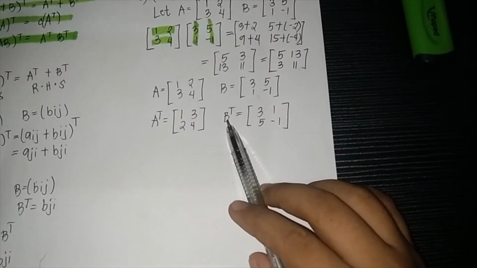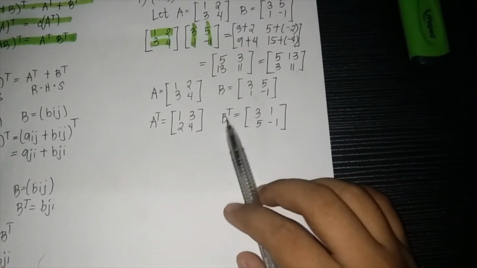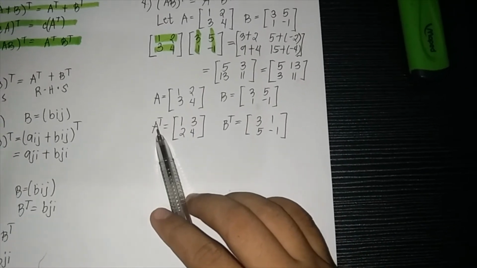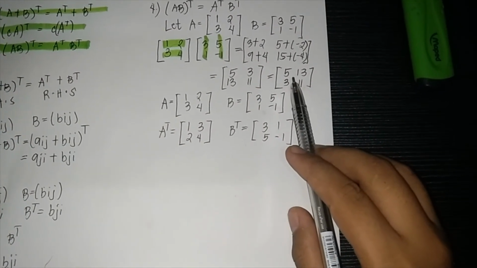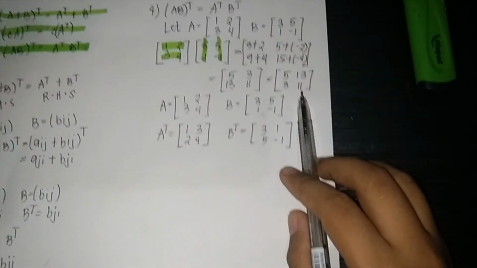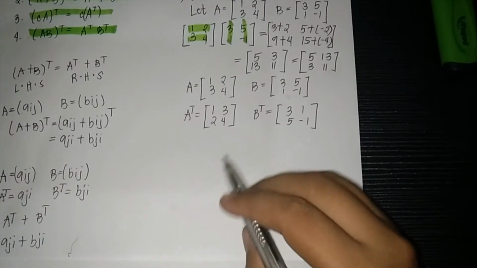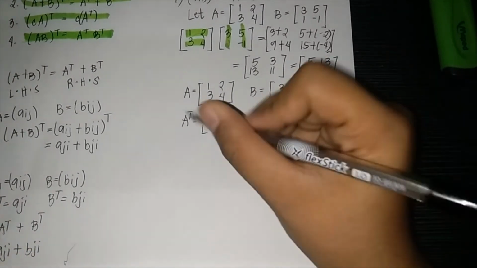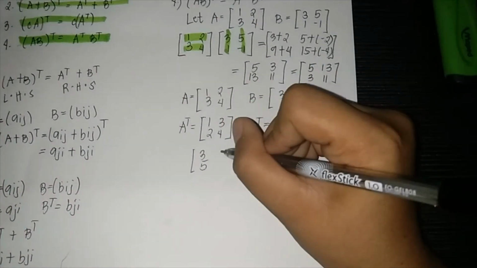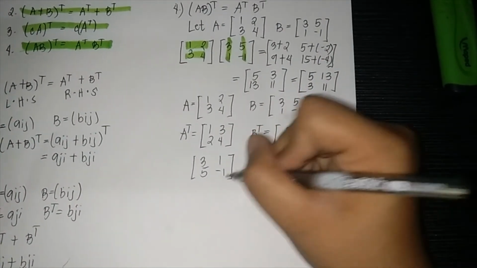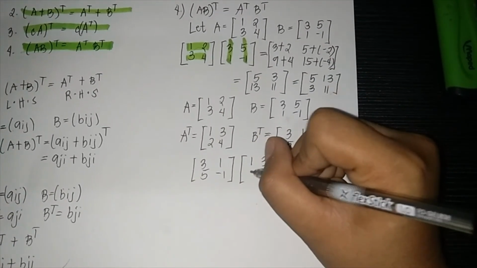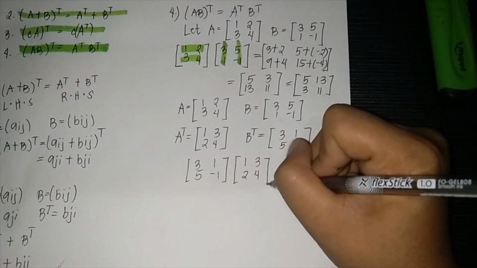But we need to write it first as B transpose multiplied to A transpose, because it satisfies the answer, which is 5, 13, 3, and 11. So let's start. B transpose is equal to 3, 5, 1, and negative 1 multiplied to A transpose, which is 1, 3, 2, and 4.